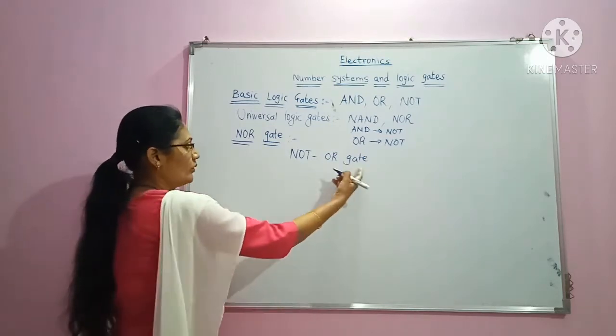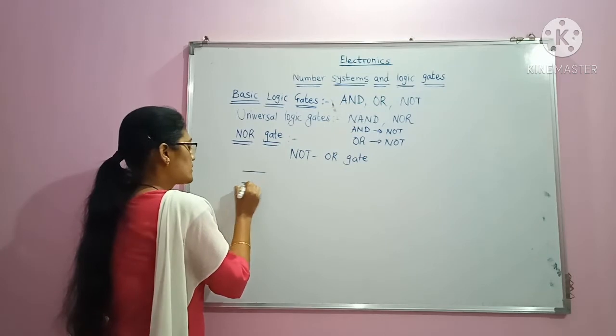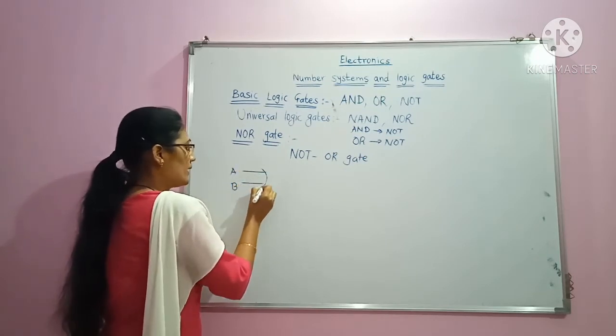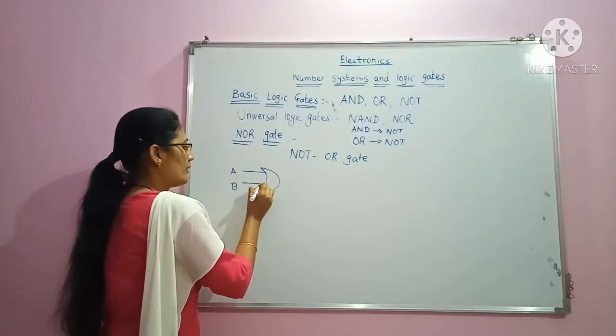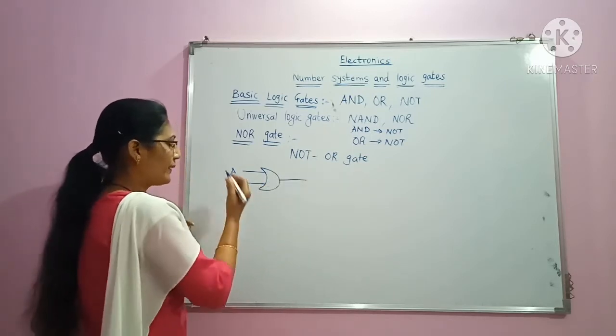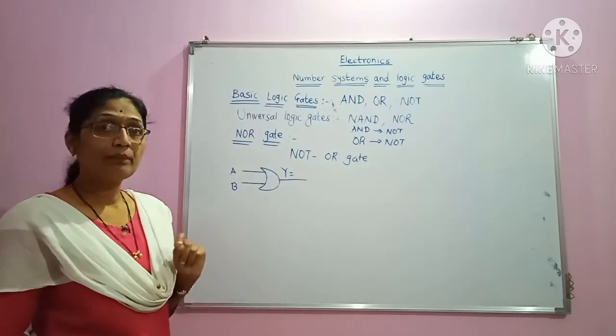While looking into the OR gate, we have seen that suppose there are two inputs A and B, then they are represented with the OR gate as A and B, and their output is given by the plus sign.